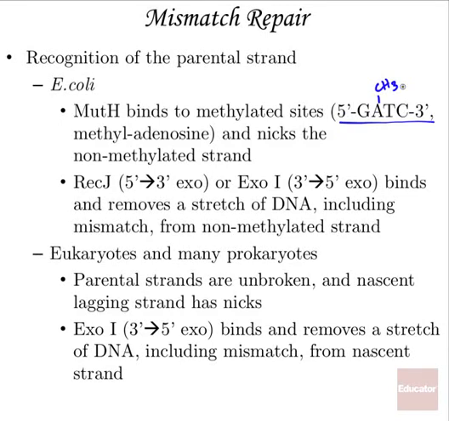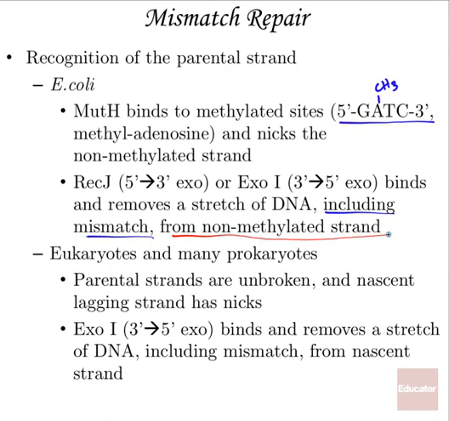Once it's recognized, we have RecJ, which is a 5' to 3' exonuclease, or EXO1, which is a 3' to 5' nuclease. It'll bind and remove that stretch of DNA, including the mismatch, from only the non-methylated strand. It will not do this on the methylated strand.